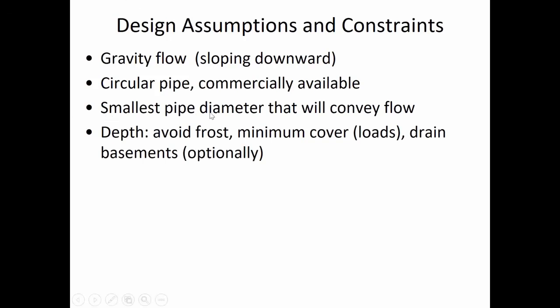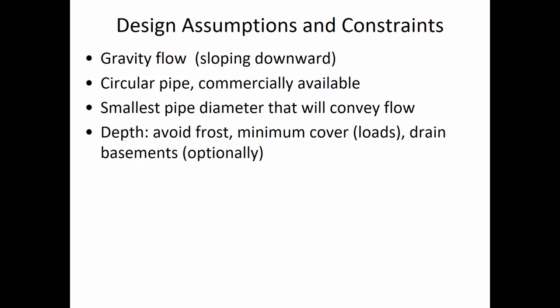For purposes of economy, one of the design principles that we'll follow, we're going to go through calculations to try and find the smallest pipe that's going to be acceptable. Now we have to be a little bit careful there, because they were thinking the same thing here in Huntington 100 years ago. They were thinking, well, let's use the smallest pipe because we want to save money, you know. But they weren't thinking forward into the future.